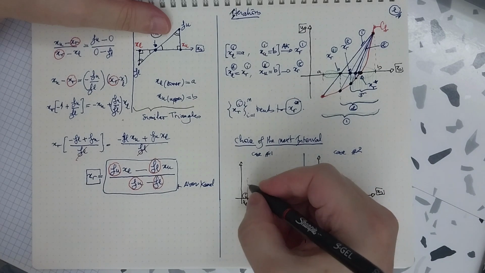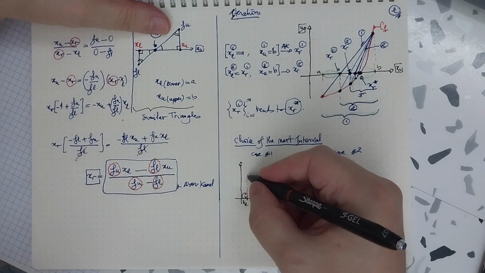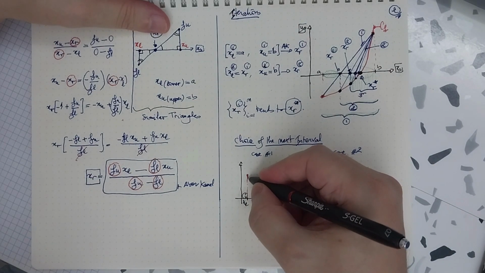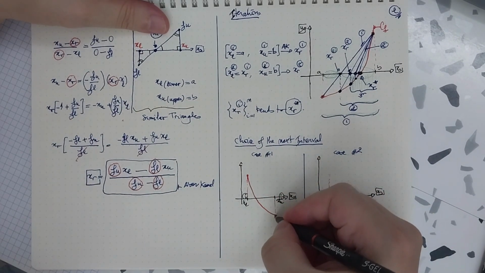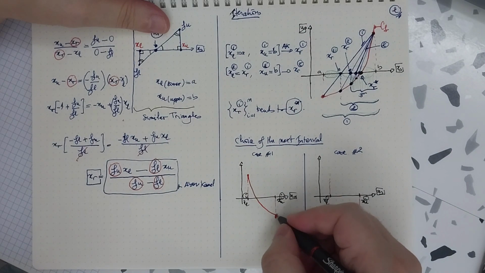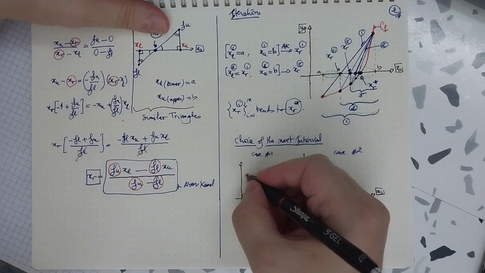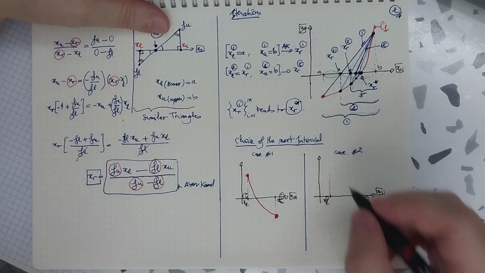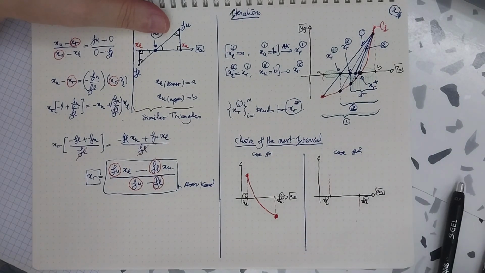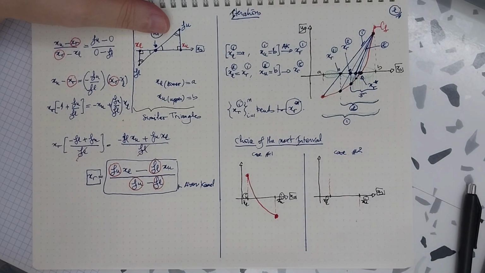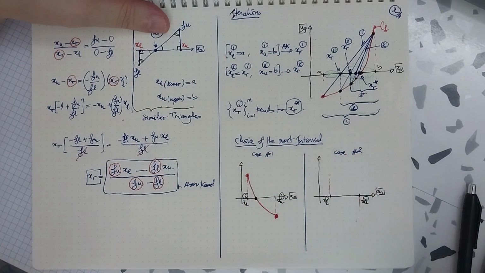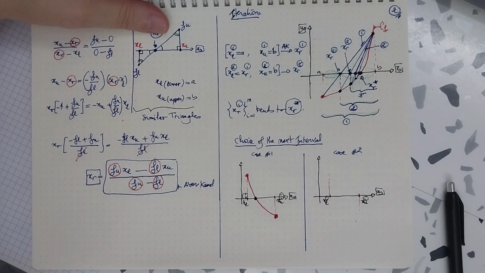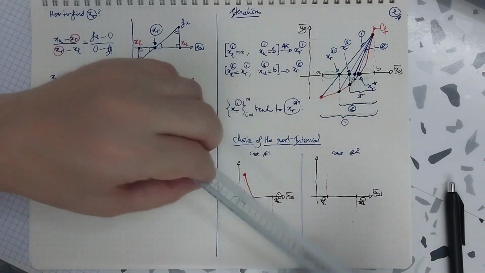So the curve here will be like this. And our solution is this point, the true solution. Our chord will be like this.